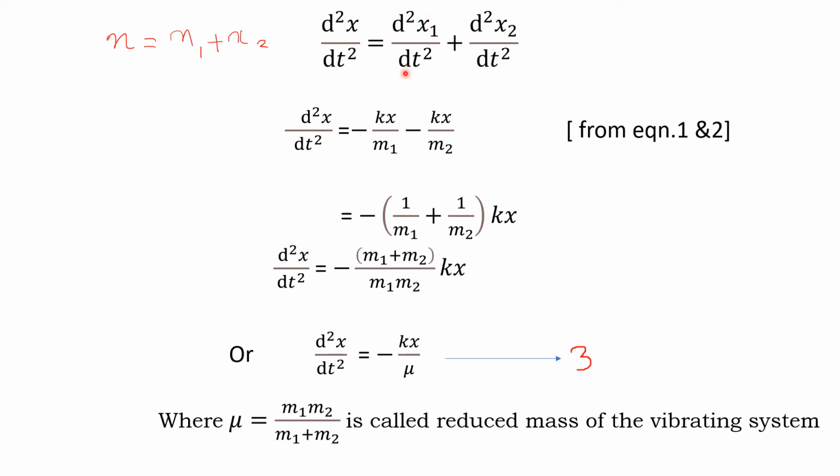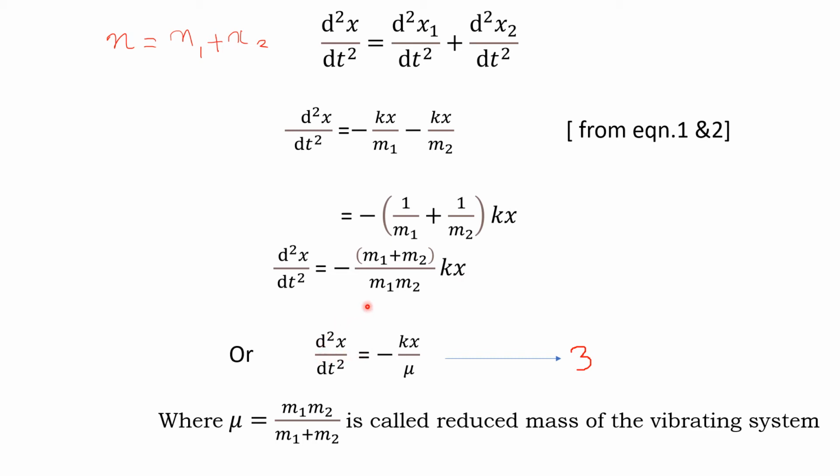But d square x1 by dt square can be written as minus k by m1 into x from equation 1, and d square x2 by dt square can be written as minus k by m2 into x from equation 2. Therefore, d square x by dt square is equal to minus of 1 by m1 plus 1 by m2 into kx, or d square x by dt square is equal to minus of m1 plus m2 divided by m1 m2 into kx.